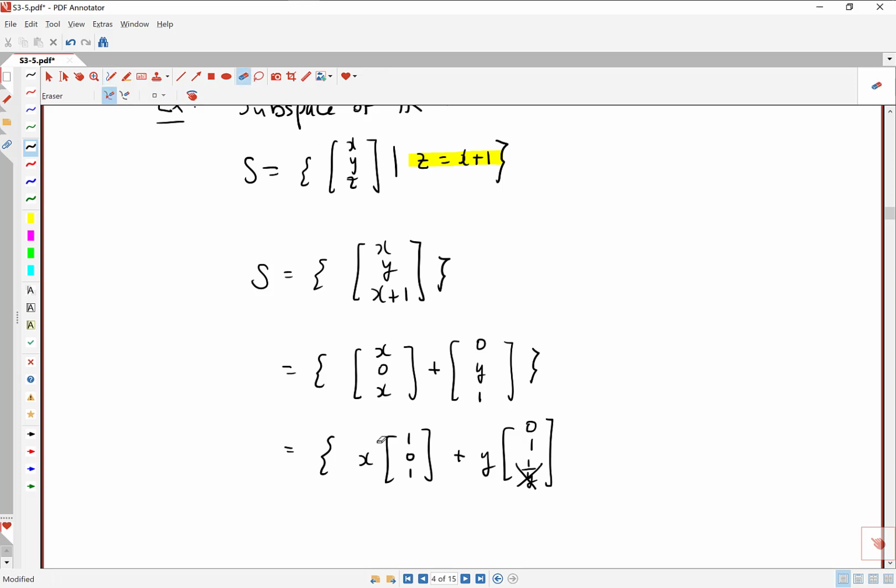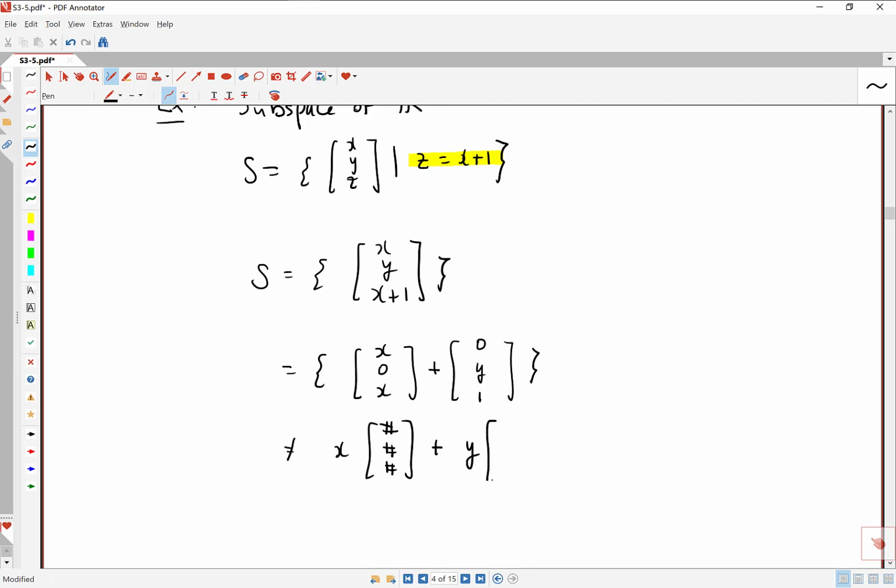So essentially, we can't fully perform this step here, and we're going to say this is not equal to x times something. We'd have to have a vector of numbers here plus y times something. There's no choice of possible numbers here that could make this true.